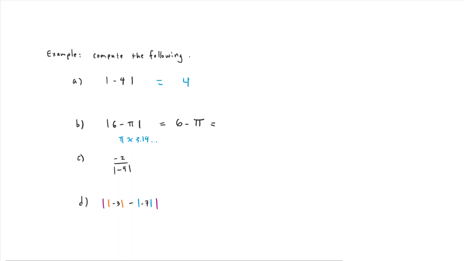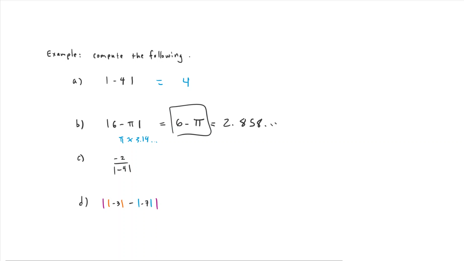If we did 6 minus pi, we'd get 2.858, and so on. That's funny, that 5 kind of looks like an 8, doesn't it? But if we wanted to just rewrite this without the absolute values, then we could just write 6 minus pi and we'd be good.